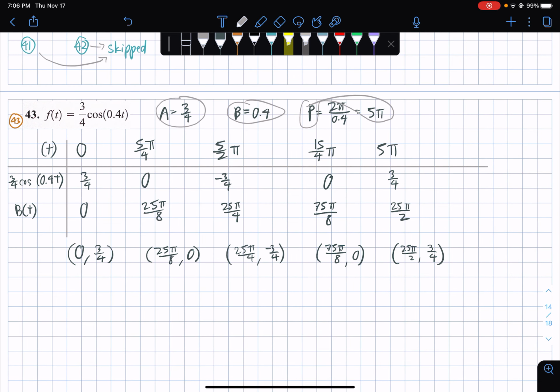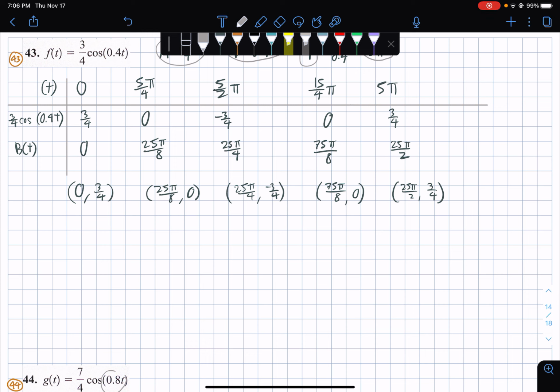Okay, let's graph. We have 0, 0, 25 pi over 8, 25 pi over 4, 75 pi over 8, and 25 pi over 2.